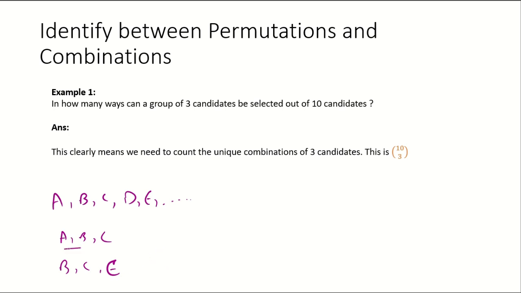So these are all unique combinations. How many of them can we find? It is 10C3, which is equal to 10 factorial divided by 10 minus 3 factorial times 3 factorial. And whatever the answer is.